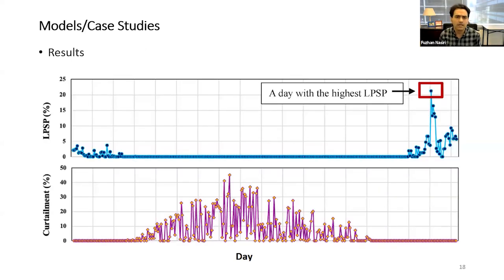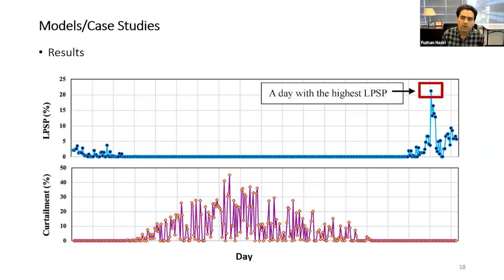Here are the two parameters that we will be observing: the curtailment, trying to keep it under a limit. Most of the curtailment is happening during the summertime, which is expected, but we managed to keep it under a certain percentage.